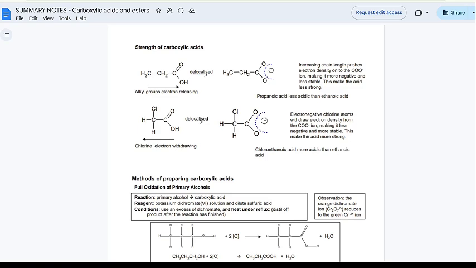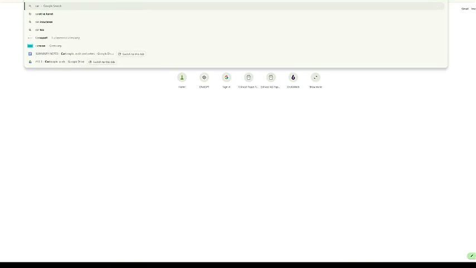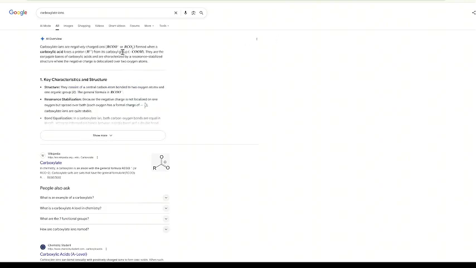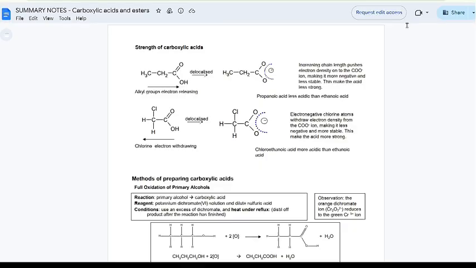Electronegative chlorine atoms withdraw electron density from the carboxylate ion, making it less negative and more stable. I just want to make sure that is a real thing. Carboxylate ion. Yeah, okay, just making sure I was using the right terminology there. This makes the acid more strong. Wait, let me just read that again.